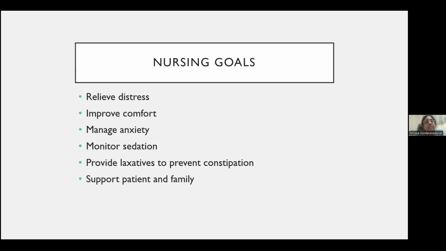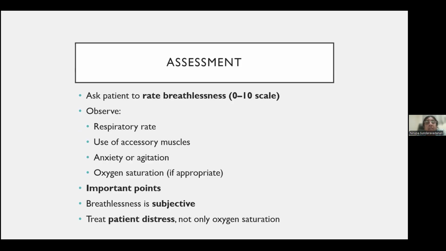Now to relieve the distress and to improve comfort, we can do it through pharmacological and non-pharmacological means. So let's see how we can achieve these goals. Need to assess the patient. You can ask them to rate the breathlessness. Just like how we ask them to rate pain, we can ask them to rate the breathlessness.